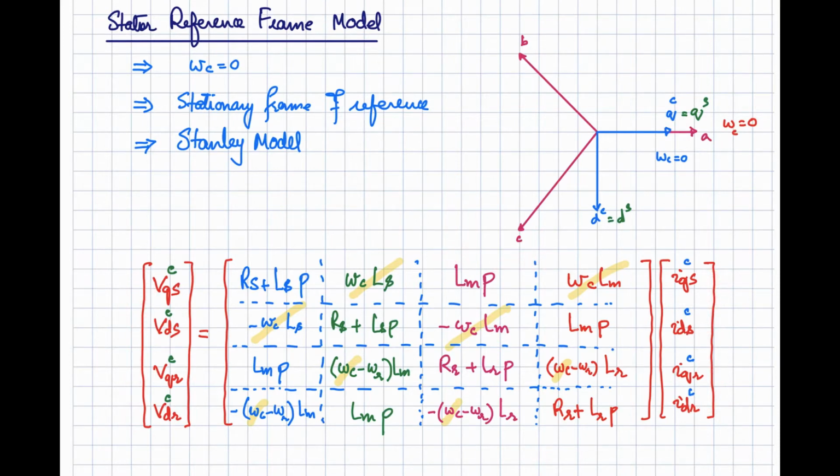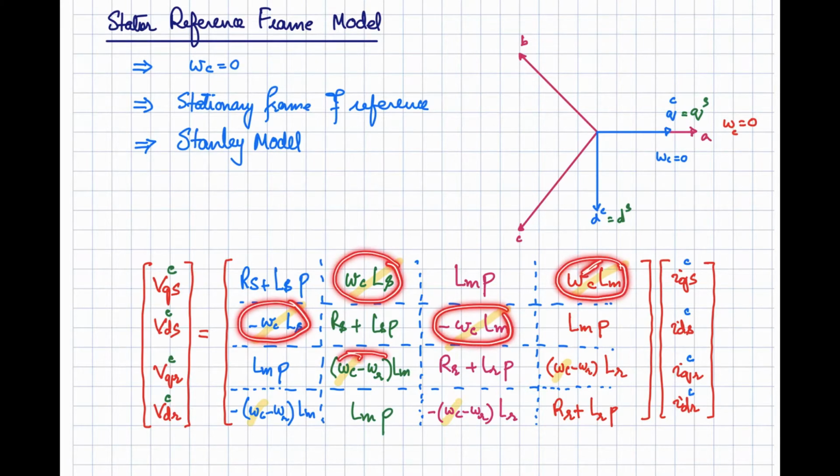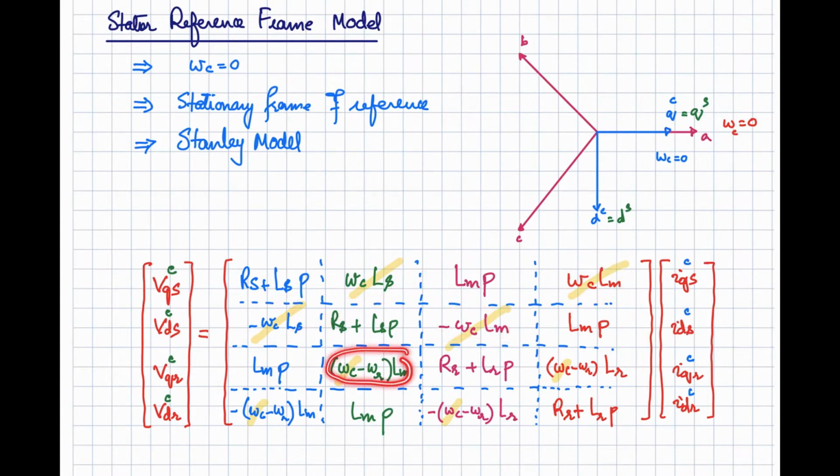If we consider the stator frame of reference, these highlighted terms will become 0 because omega c is going to be 0. So these four terms will become 0, and this term will be modified because only this omega c will be 0, it will be only rotor dependent, and similarly this term will be 0, this omega c will be 0. So these four terms will be modified, and these four terms will become directly 0.